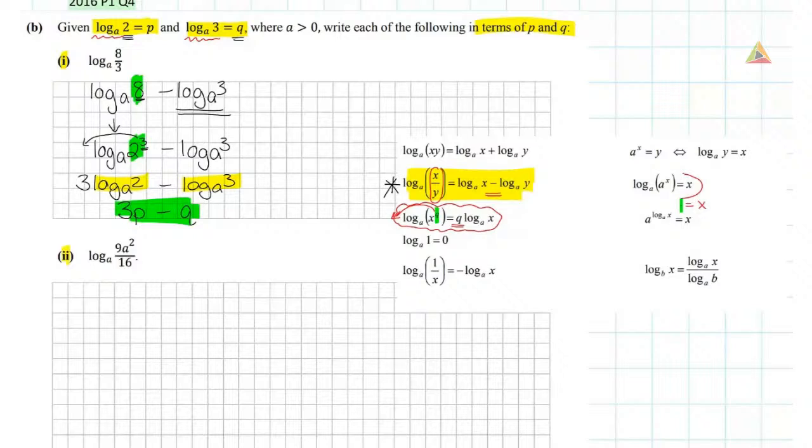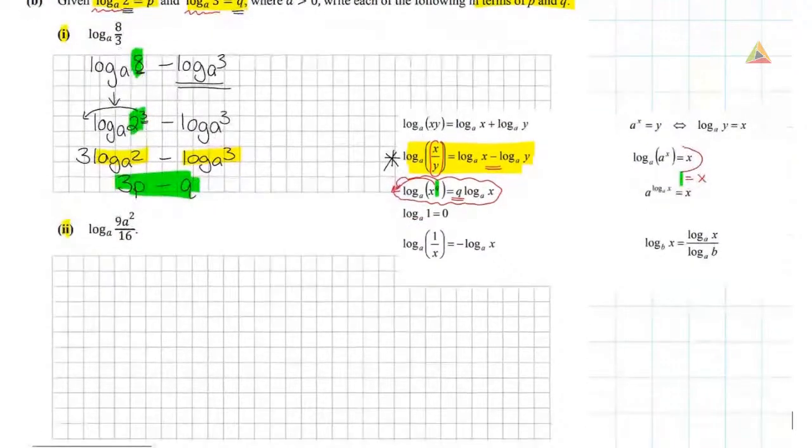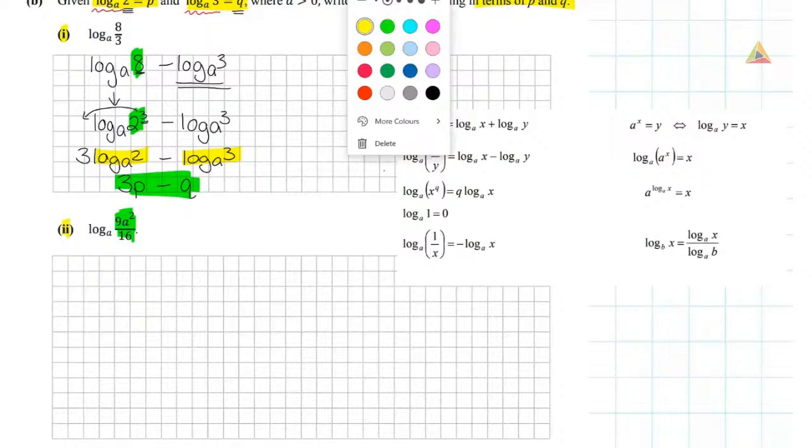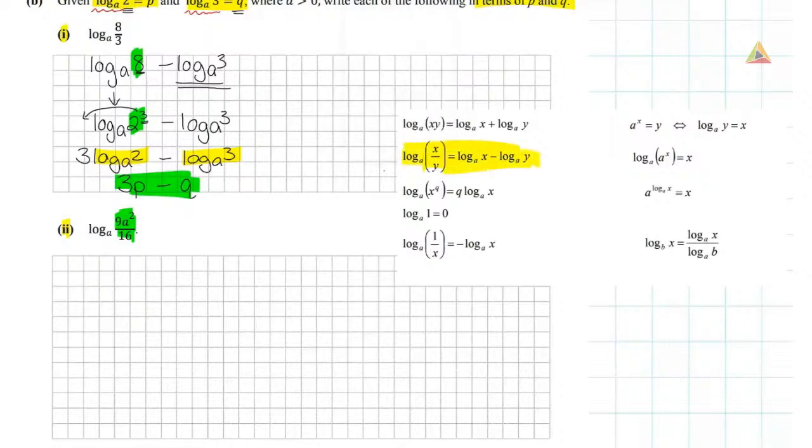Your second one then, so again, going back and just going to get rid of these marks here so that we can see clearly again which laws of logs we are using. Again, straight away, I see a fraction in the question, so I should be zoning in on this second law of logs, which tells me that I just subtract my 2 logs.